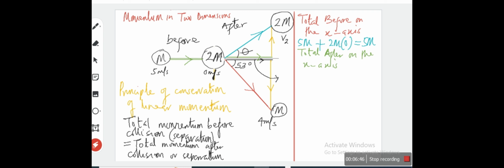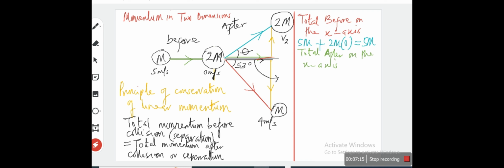Okay. So what did you say this value is? If this is 4 meter per second, is this one supposed to be sine? This is the adjacent to 53. The opposite is the yellow line. The adjacent is this black line.